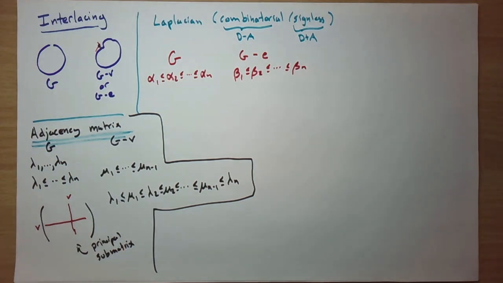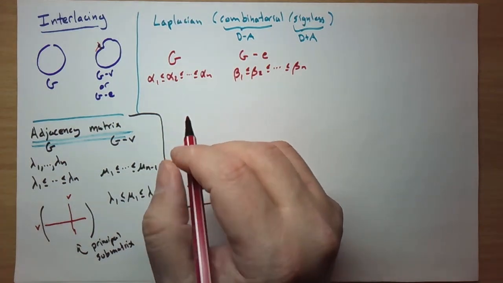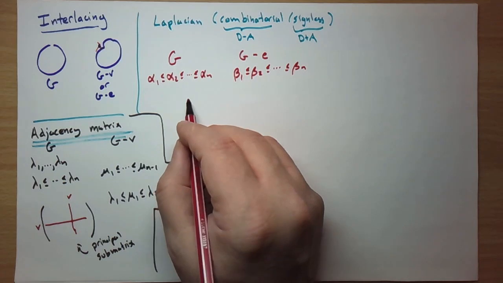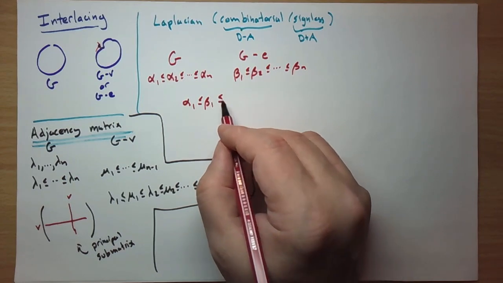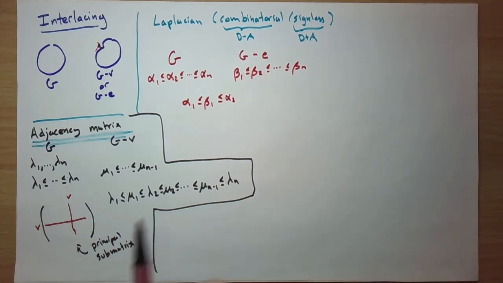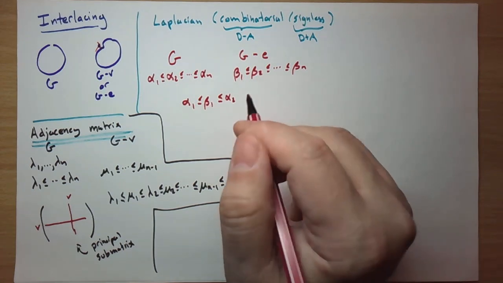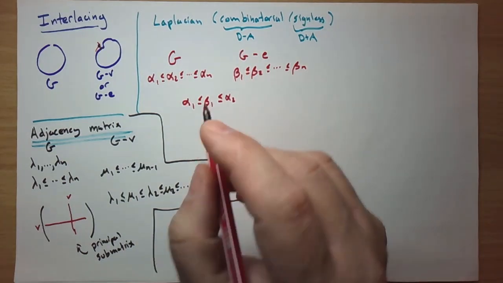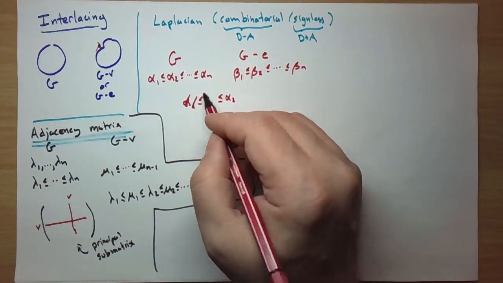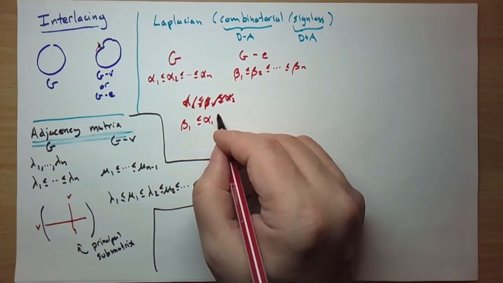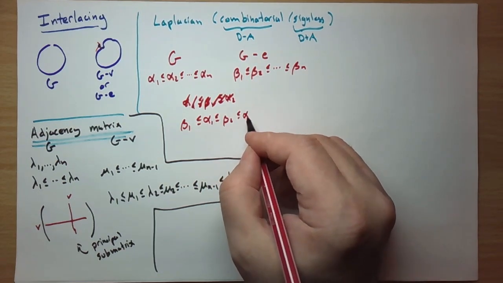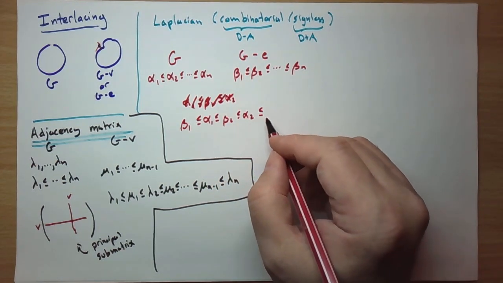So what's our conclusion? Beta 1 is less than or equal to alpha 1, less than or equal to beta 2, less than or equal to alpha 2, and all the way through.